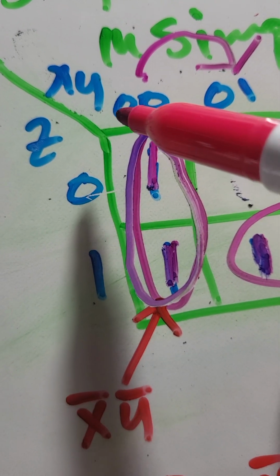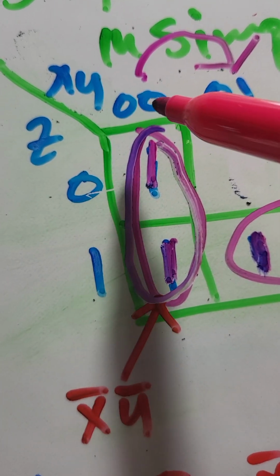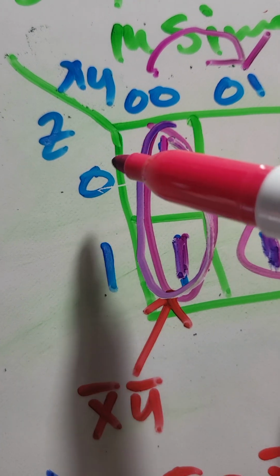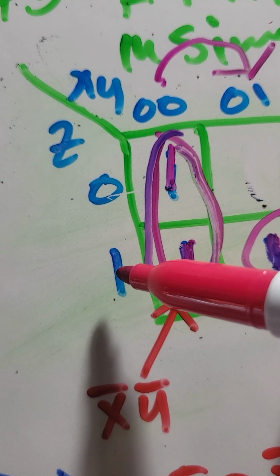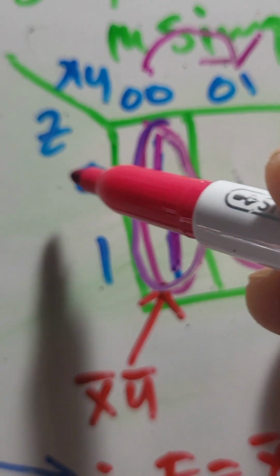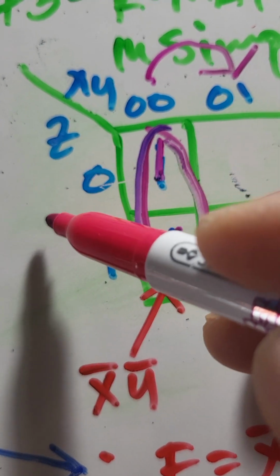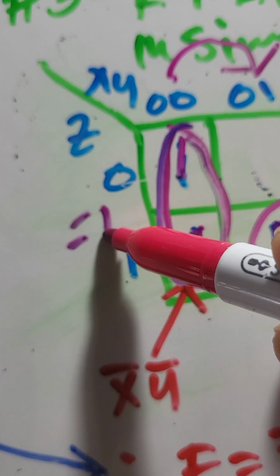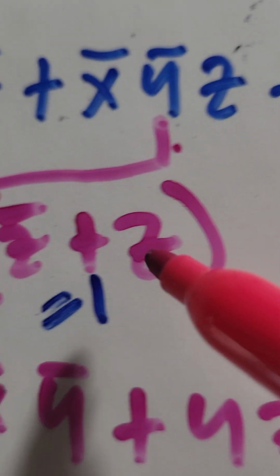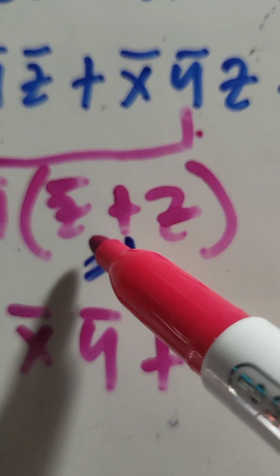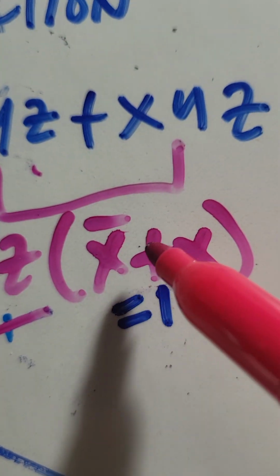So if you look at xy is 0, 0, and z is 0, 1. So the output of z here is changing from 0 to 1 or 1 to 0. So that is cancelled, or equal to 1. Same as here. Z bar plus z equals 1.